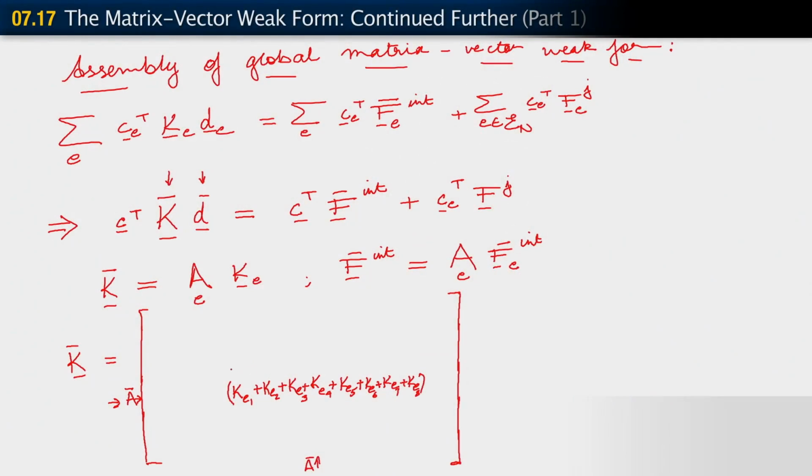So the contribution that comes from that element to the A bar entry here would be K_E1 7 7.